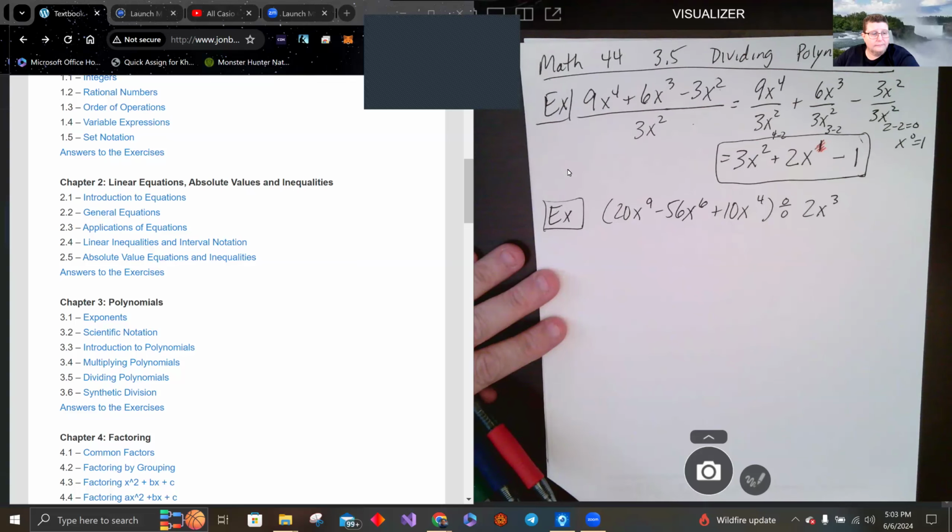All right, so I will do this with each term divided by the 2x cubed.